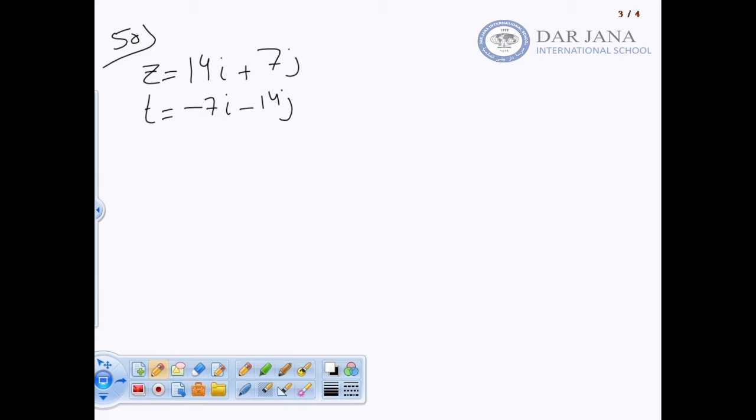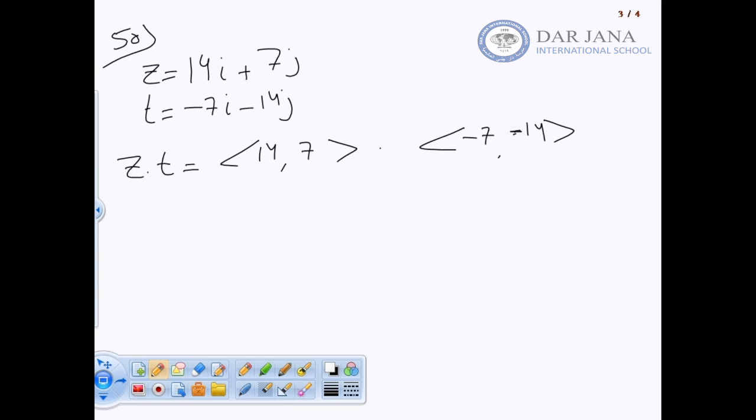We know that if the dot product of two vectors is 0, then the vectors are orthogonal. So let's find the dot product of these two vectors. I will change them to component form: 14, 7 and negative 7, negative 14.